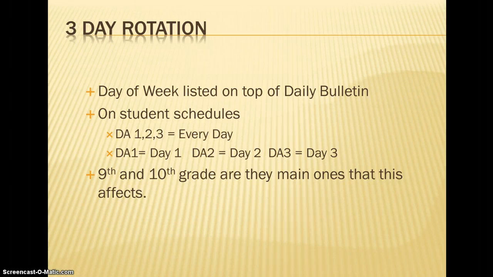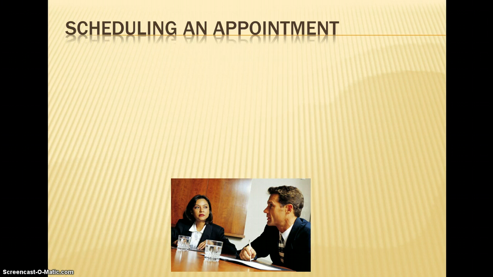A day 1 would just be they meet on the first day. On day 2, it would mean that they meet on the second day. And a day 3 would be they meet on every third day. And this is mainly in the 9th and 10th grade. Probably really doesn't affect any other grades, at least not that I know of at this time. So that's our day 1, 2, 3 schedule.